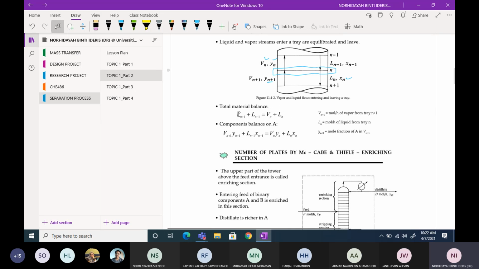The total material balance is performed on this boundary. When you do the mass balance of component A, you just multiply by the mole fraction of A respectively. Usually the unit is in mole per hour or kilogram per hour. Capital V will always refer to vapor, and capital L will always refer to liquid.